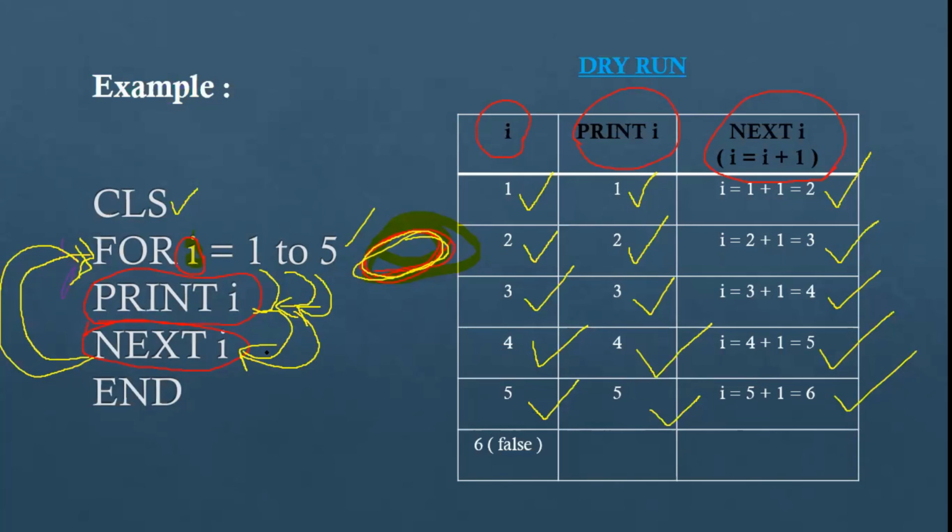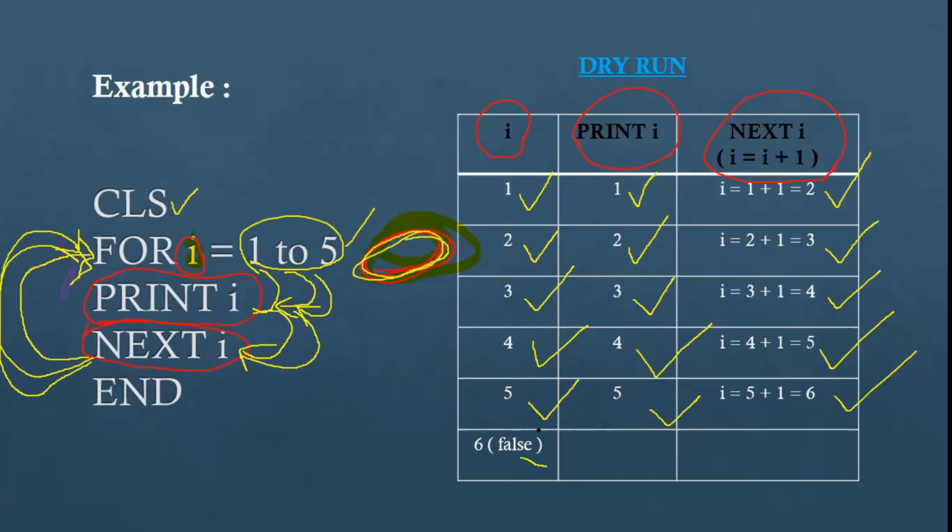So next, now the value of I is 6. You see here, value of I becomes 6. Now again our pointer goes to the starting of the loop, and it will check here. Value of I is 6. Is 6 equal to 5, or in between? Does 6 fall in between 1 to 5? No. So the condition does not match.